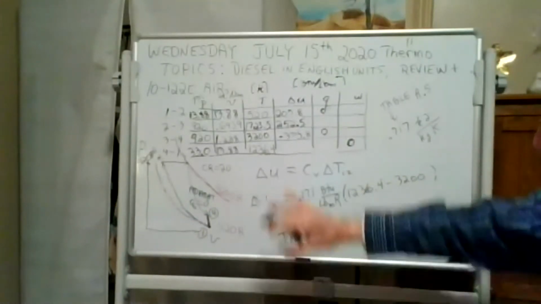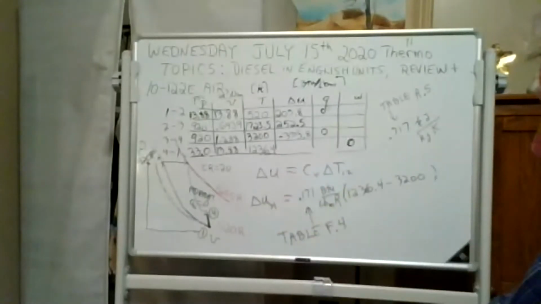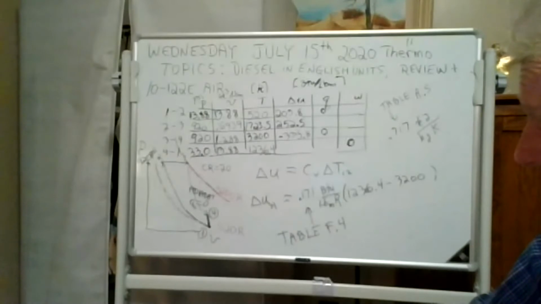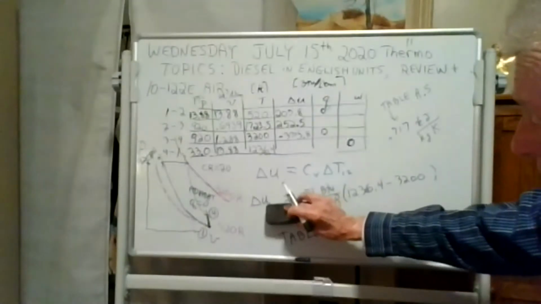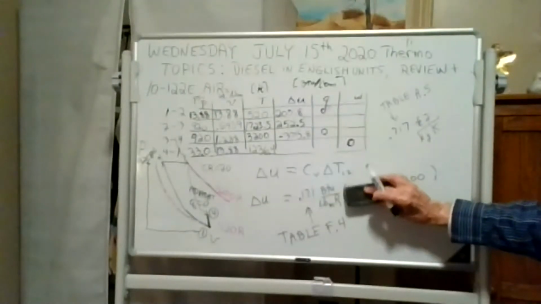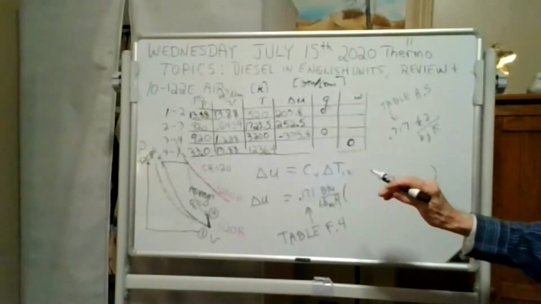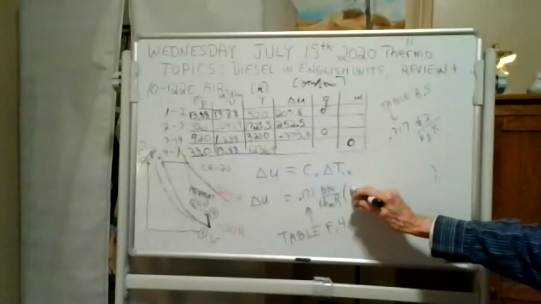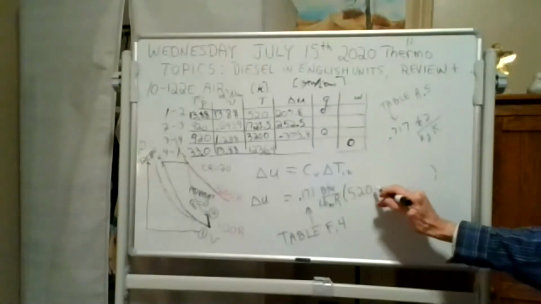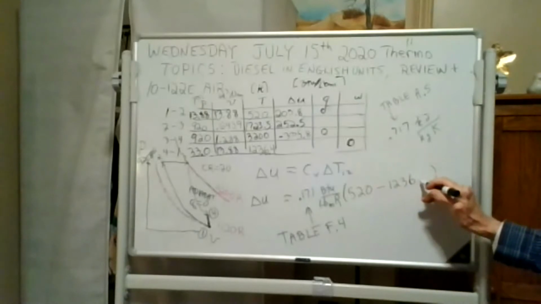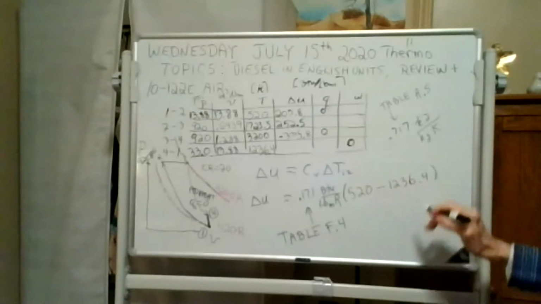And last but not least, we're going to get the change in specific internal energy from 4 to 1. Okay, let's do that. We're going to go from 4 to 1 now. That means you got to go 520 minus 1236.4.